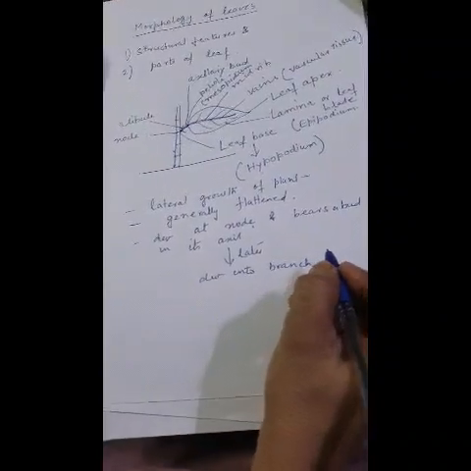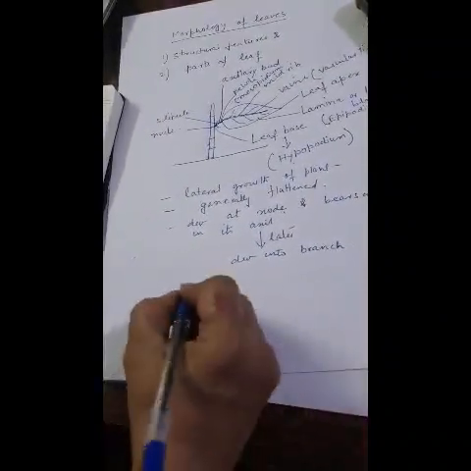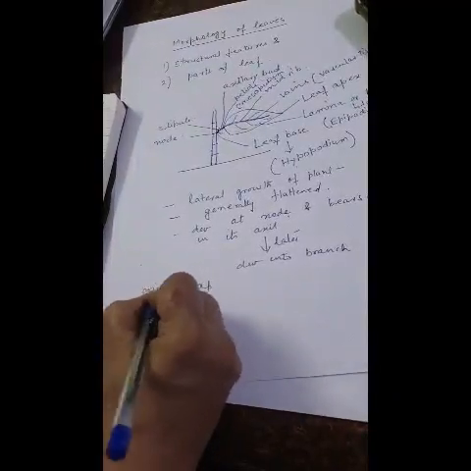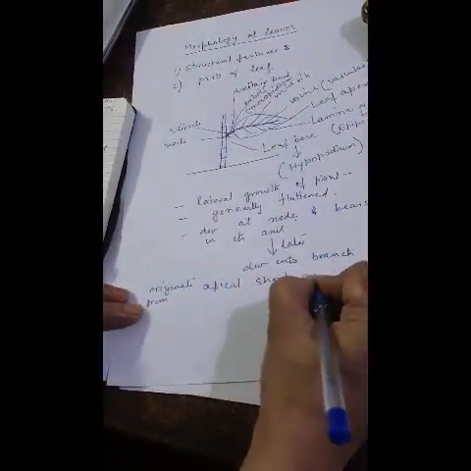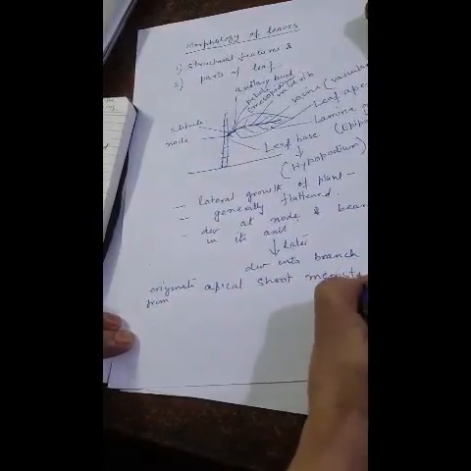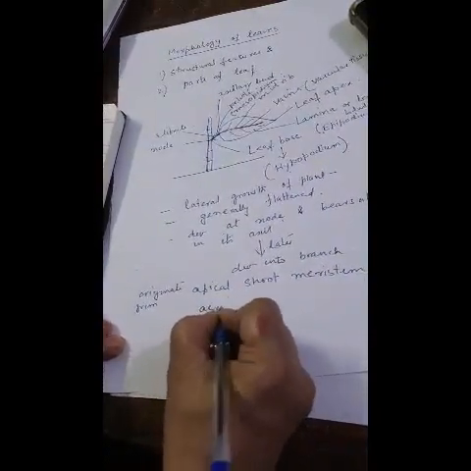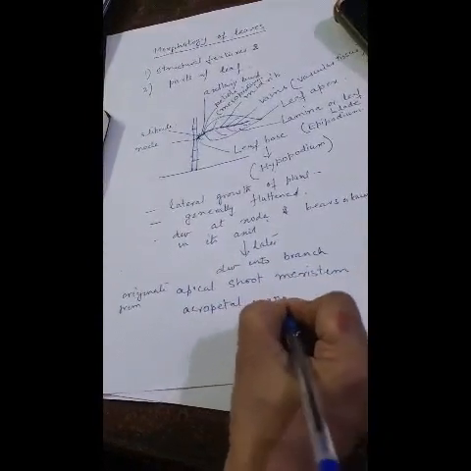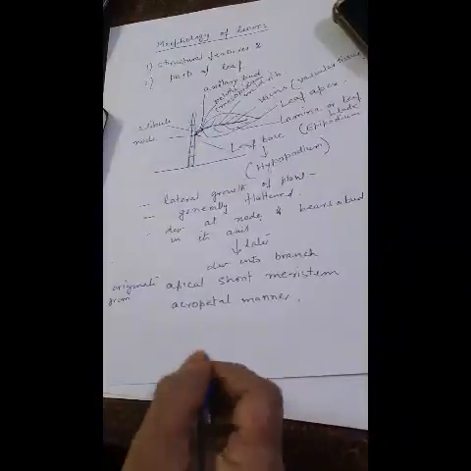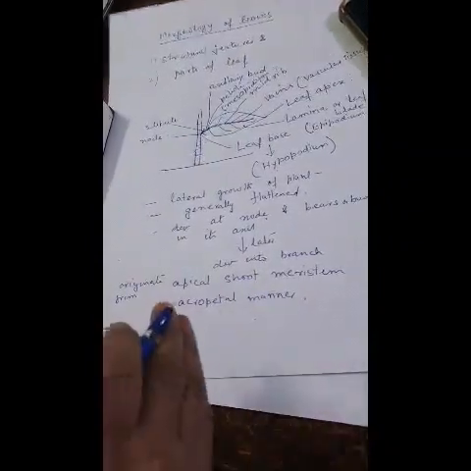And leaf is originated from shoot apical meristem. As you know, meristem is the tissue which divides. Leaves are arranged in an acropetal manner. एक्रोपेटल मैनर का क्या मतलब होता है? एक्रोपेटल मैनर क्या है कि जो न्यू लीव्स निकलेंगी वो एपेक्स पे रहेंगी और जो पुरानी लीव्स हैं वो पीछे रहेंगी.